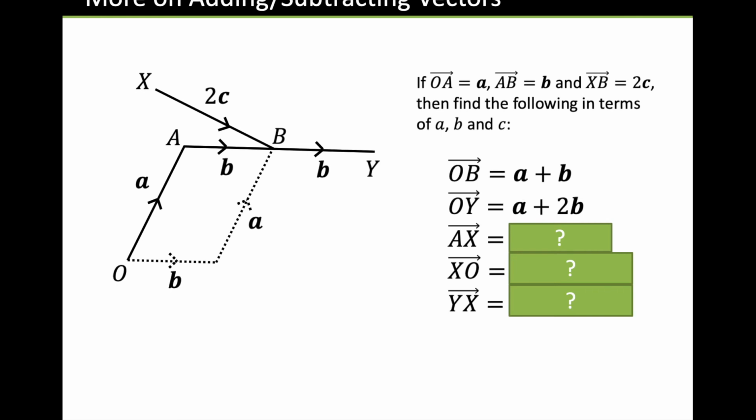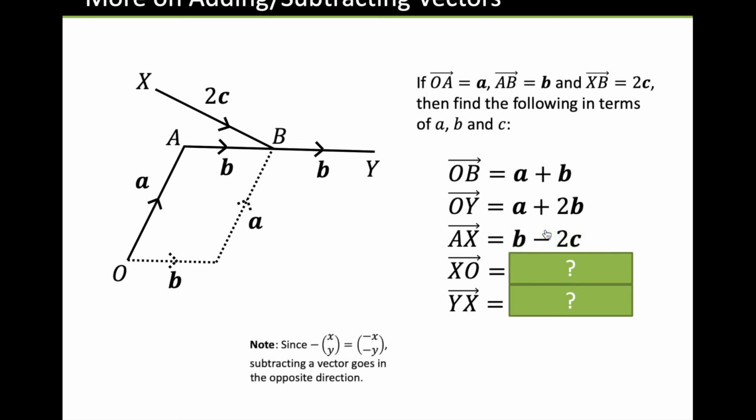What about vector AX? So from A to X, again, you have vector B. And since we are going the opposite, this becomes minus 2C. Okay, minus vector 2C. What about XO?